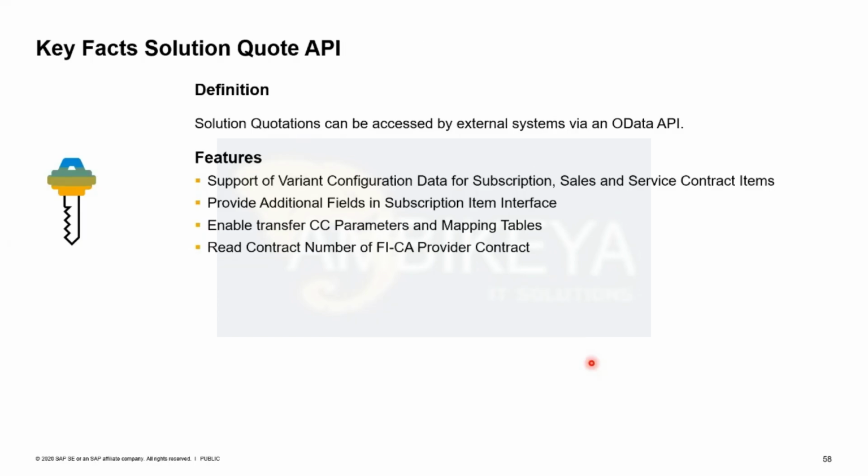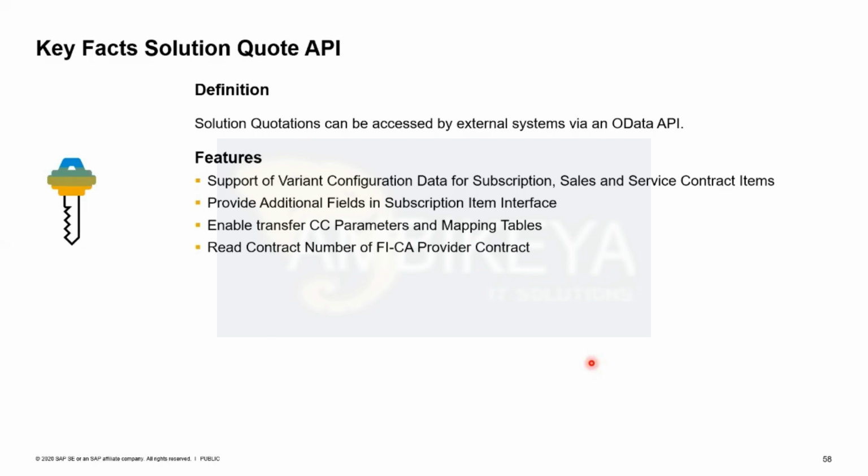Here, this solution quotation API is supported from 1909 itself, but now we have enhanced it to support variant configuration. So from an external system, it is now possible to maintain variant configuration data. And this data will be stored in the DB and it will not go through real configuration validations.